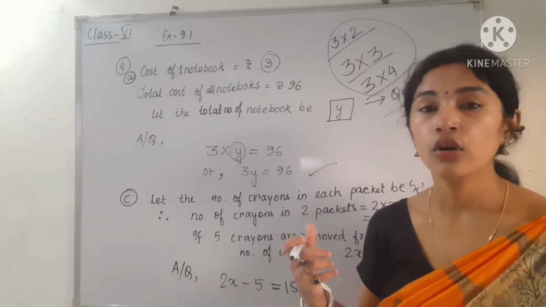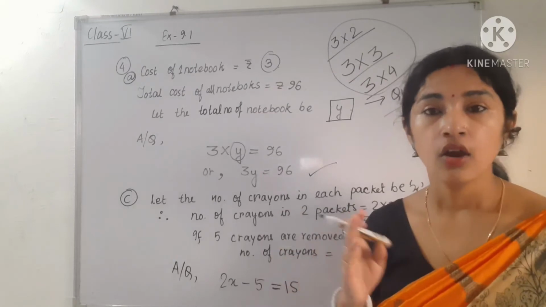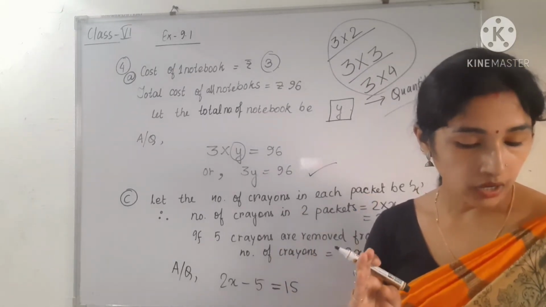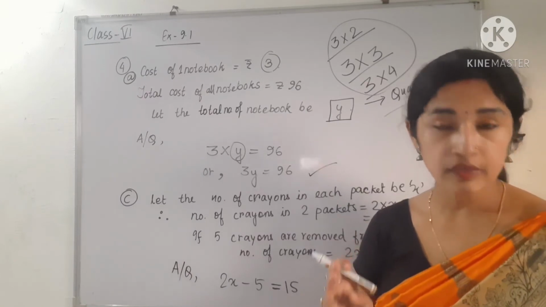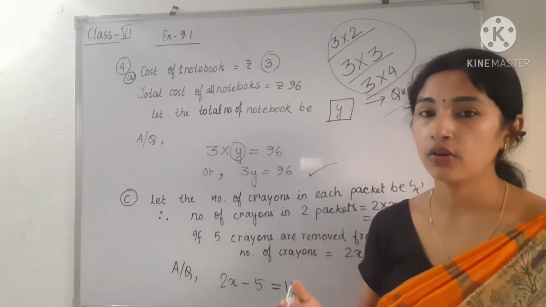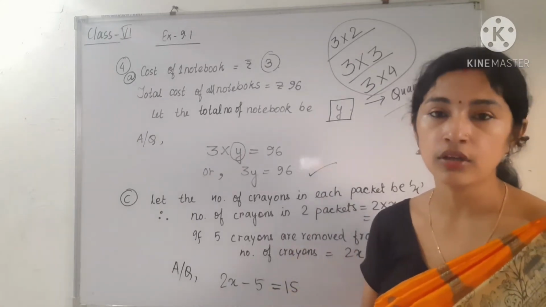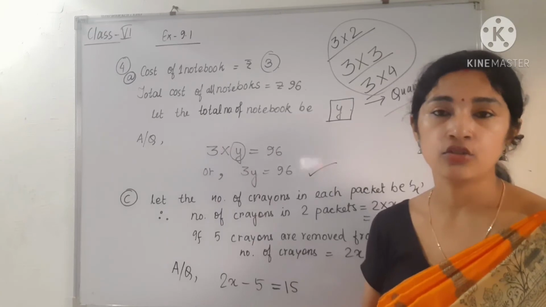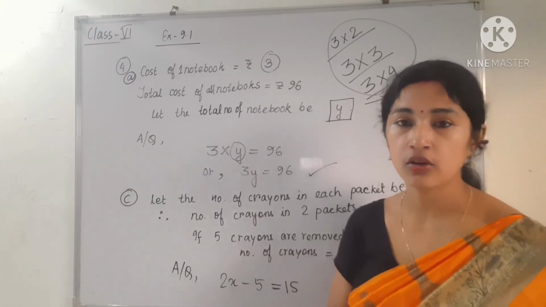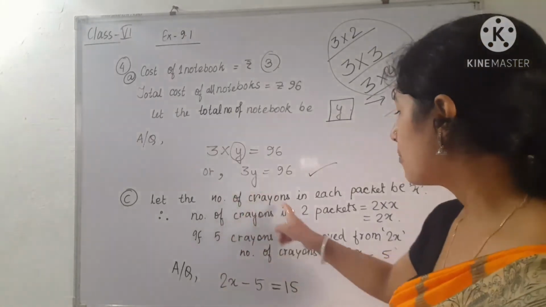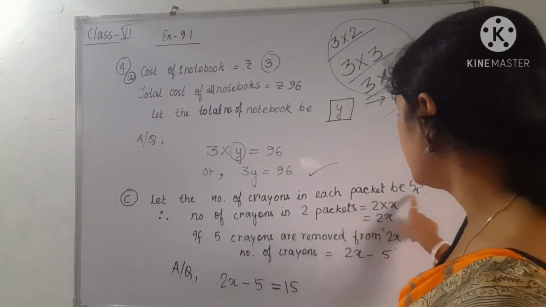We don't know how many crayons are there in one box, but after removing 5 crayons, the total number left is 15. We don't know how many crayons were in each packet, so we have to take that number. Let the number of crayons in each packet be x.